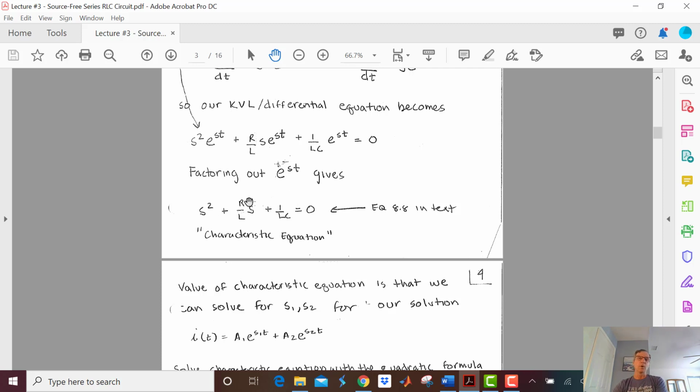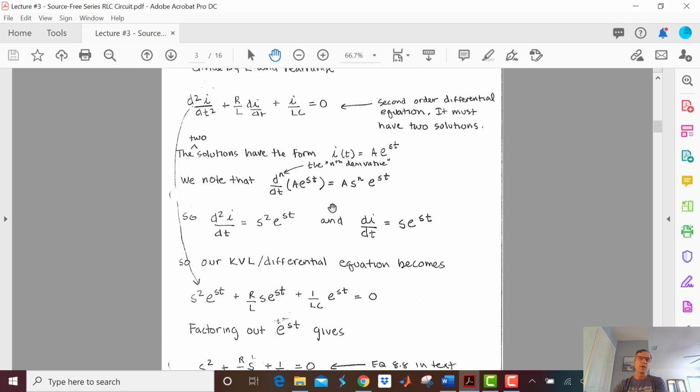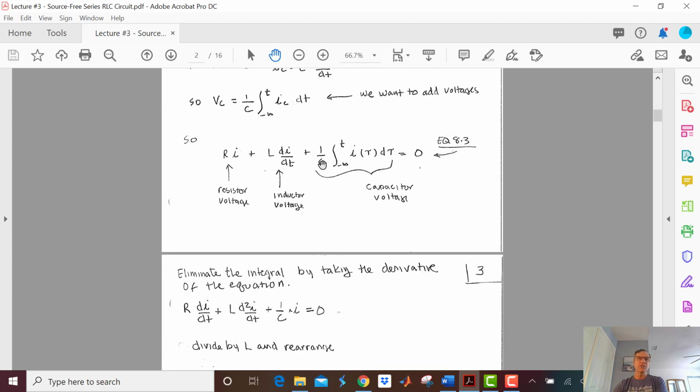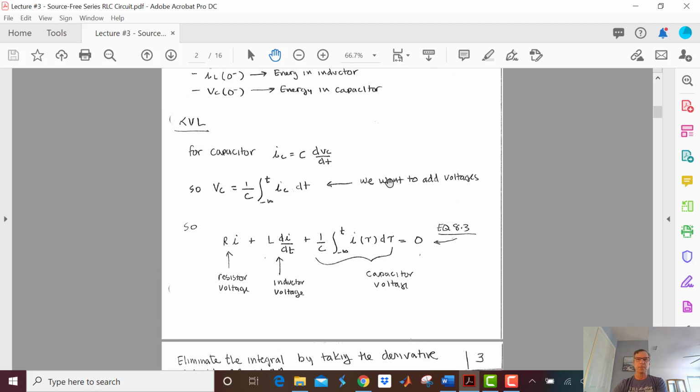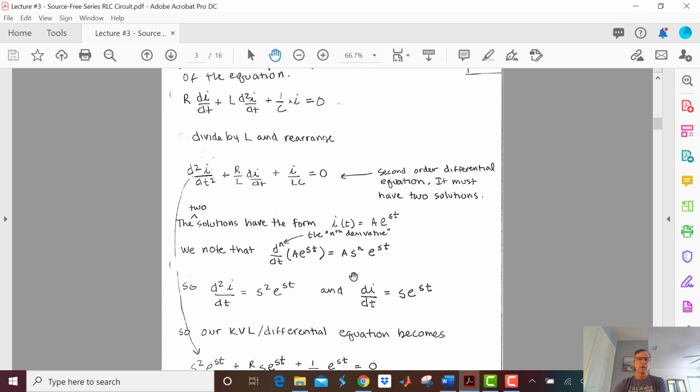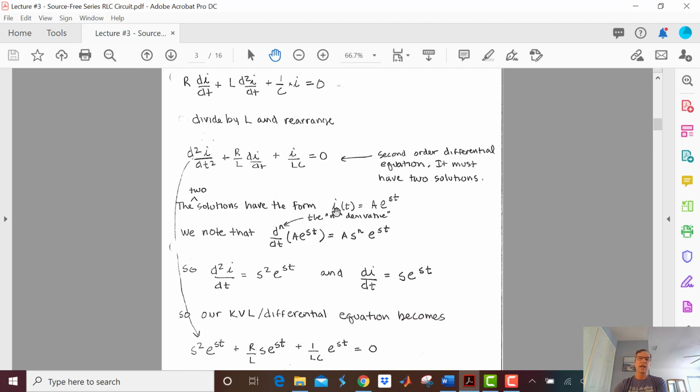Since we know that our solutions, because the smart people figured this out, are going to have the form i of t equals a times e to the st. And if it's a thud, then clearly s is going to be just some real number, right?